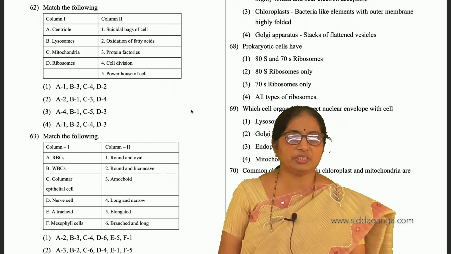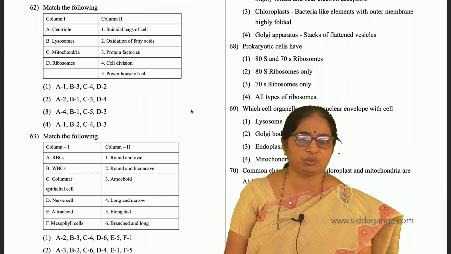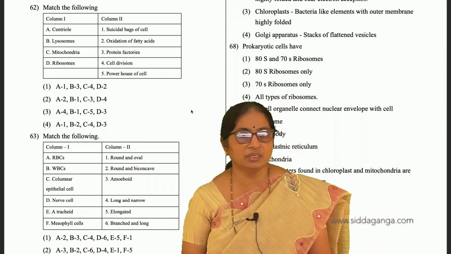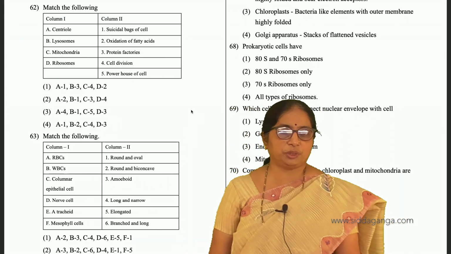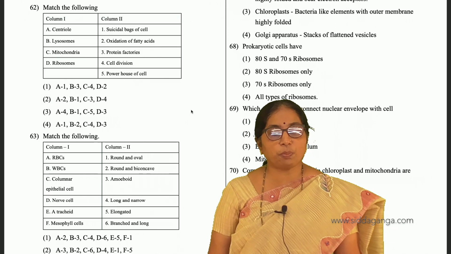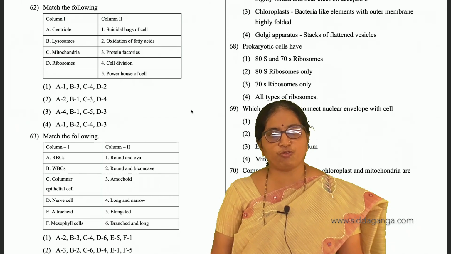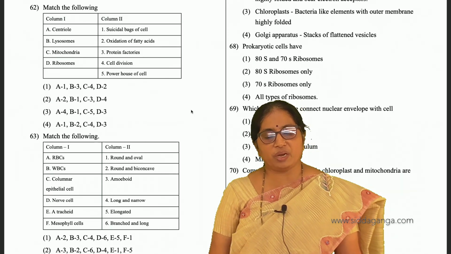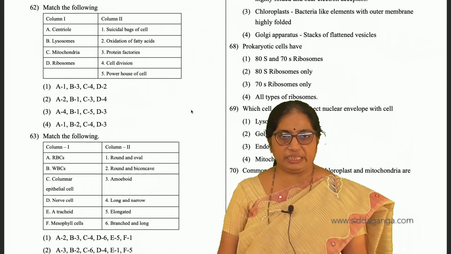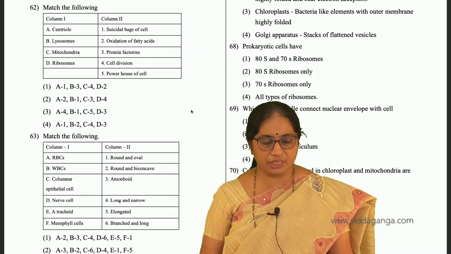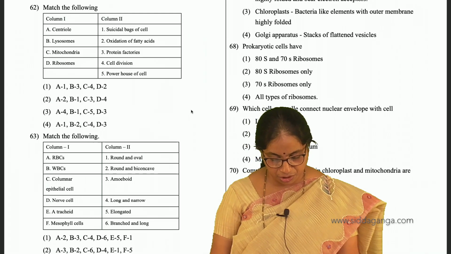And ribosomes, they are protein factories which will match with option 3 on column 2. So, the right option is option 3 where A matches with 4, B with 1, C with 5 and D with 3. So, option 3 is the right answer for question number 62.